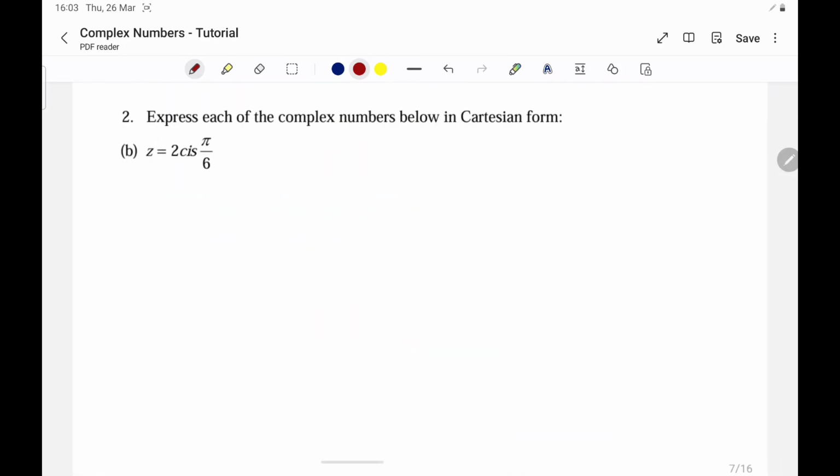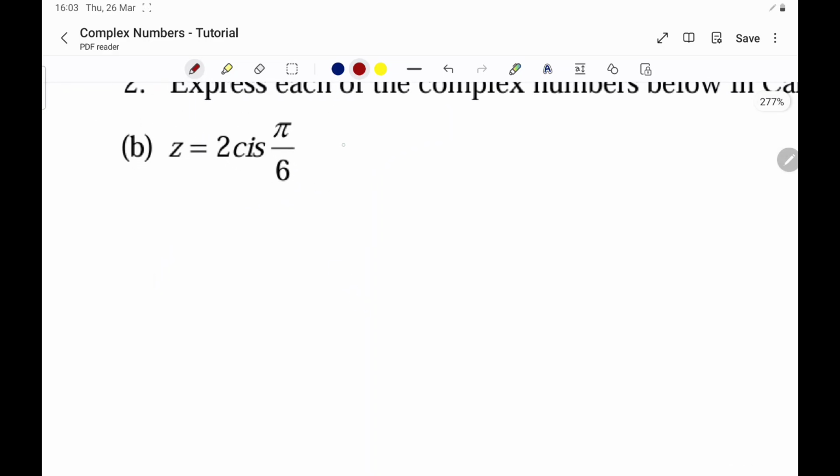We have 2 cis pi over 6. So this one you have to convert first into polar form, not in the cis form, but in the cos form. I think still okay. So if we use this also, we have z is equal to r cis theta. From here you will get your r is equal to 2, theta is equal to pi over 6.